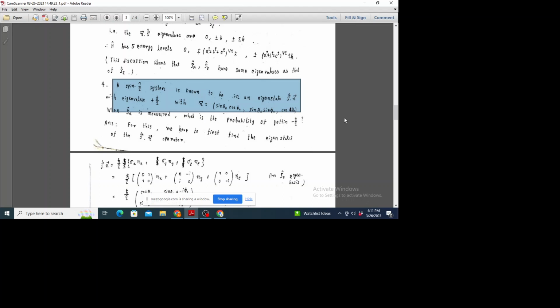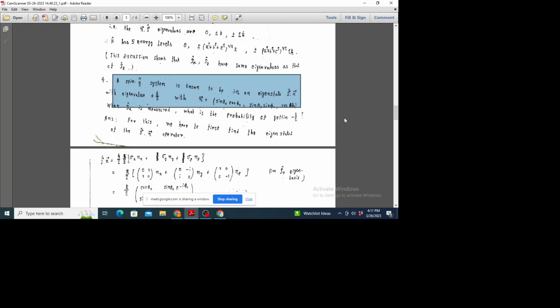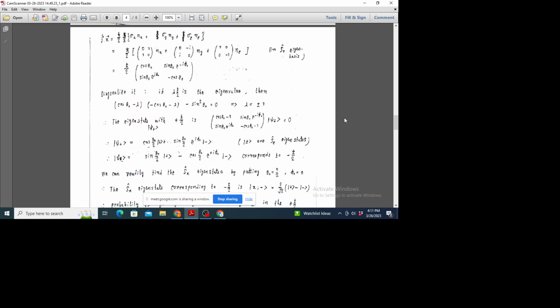Now when Sx is measured, what is the probability of getting minus h cut by 2? For that we have to find the Sx eigenstate with eigenvalue minus h cut by 2, take the dot product and do mod square with the one we have just derived.